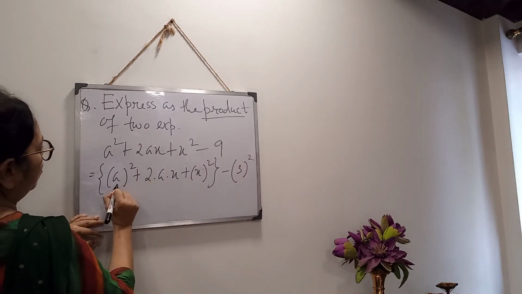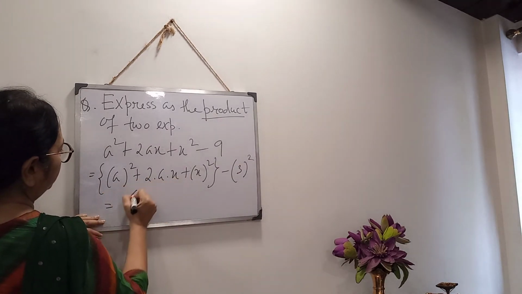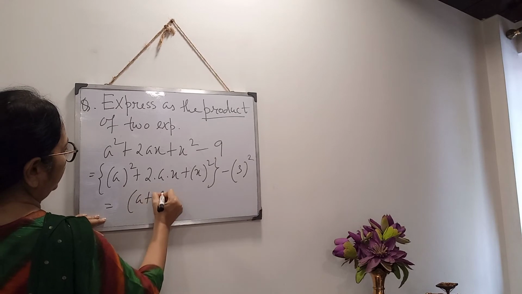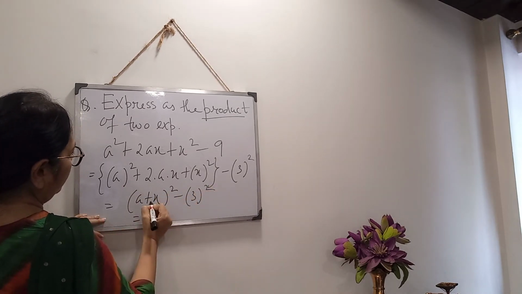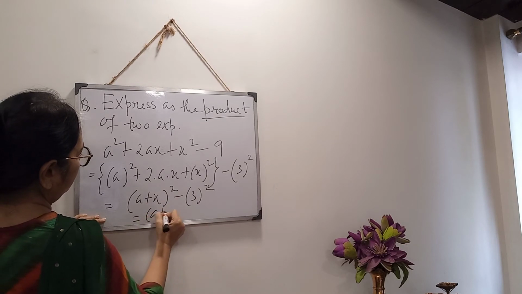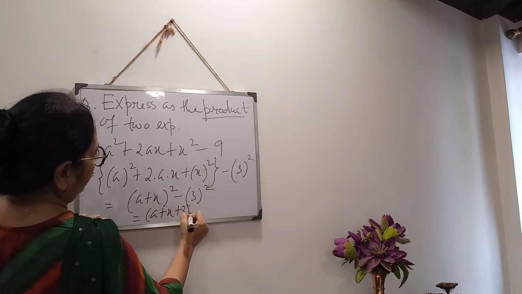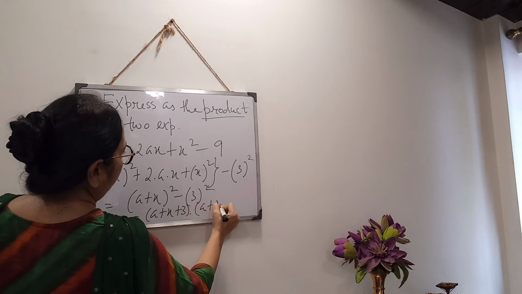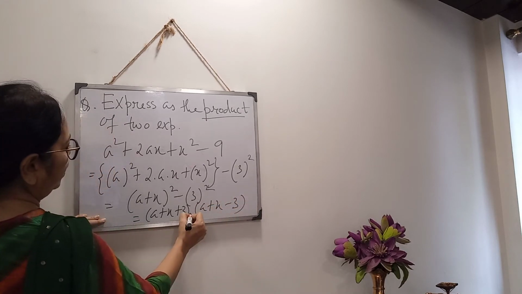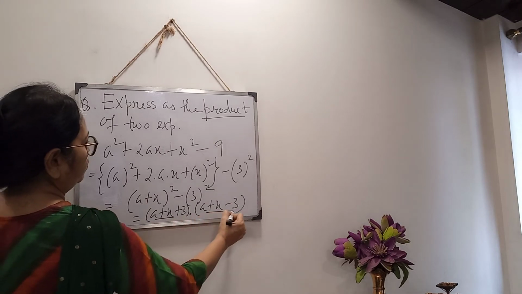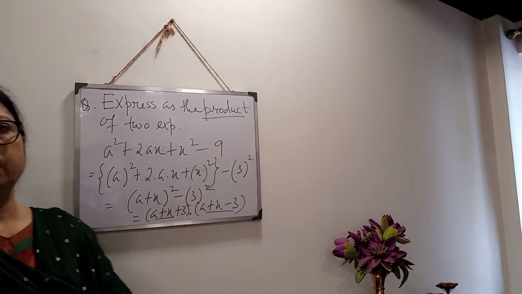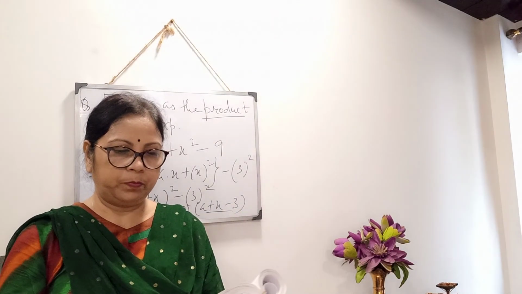And this is in the form of a square plus 2ab plus b square, a plus b whole square, and that is this. Now a square minus b square, a plus b into a minus b. Again I have expressed as the product of two expressions. Clear? If the sum will come in this form.